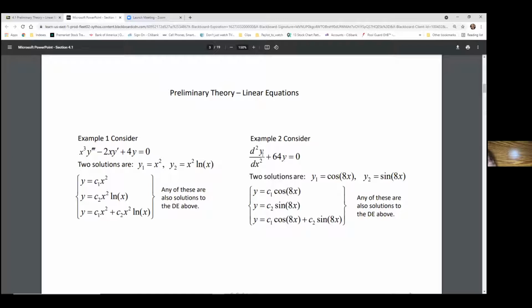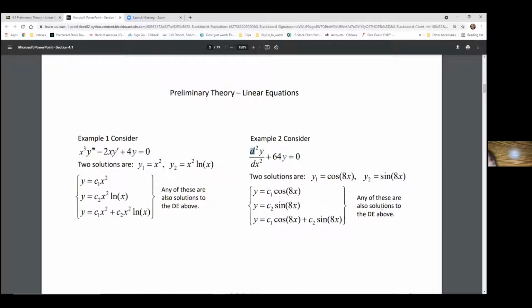So here's another example. This is a second order differential equation. Now, you don't know how to solve these yet. I'm hoping we're going to get to how to solve this type of differential equation today. But this differential equation has two solutions, right? One solution is the cosine of 8x, and another solution is the sine of 8x, right?